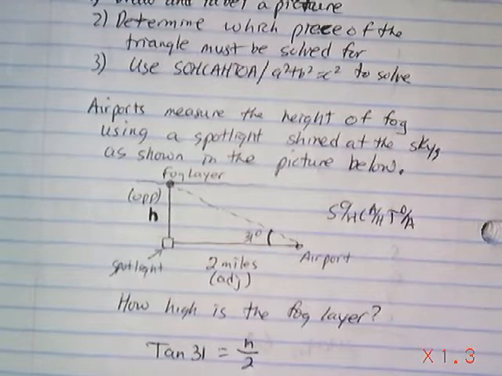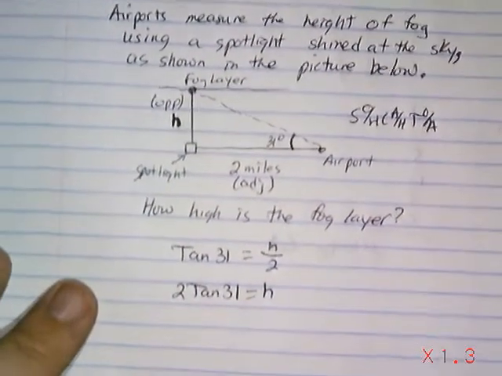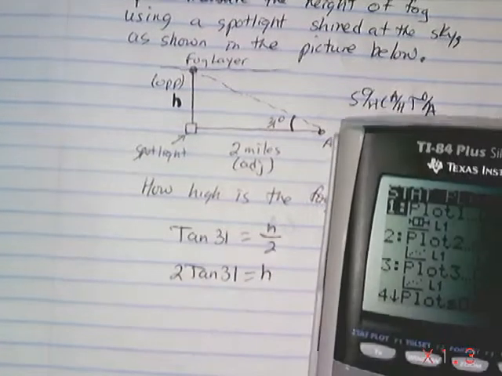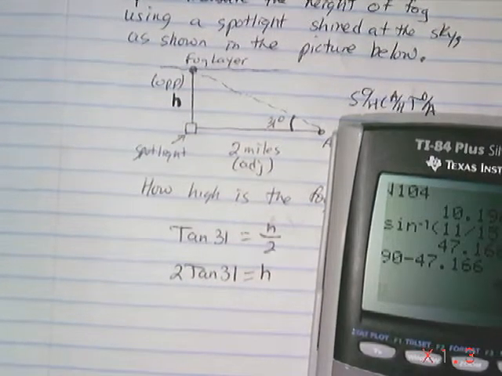So we would write a simple sentence. The fog is 1.201 miles high. All right. That would be an example.